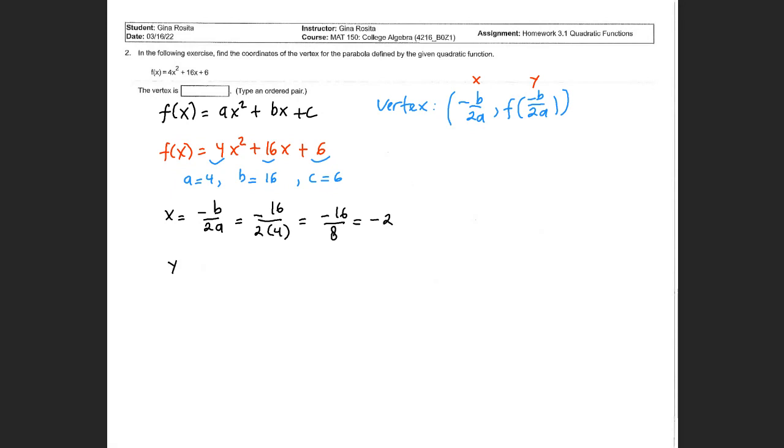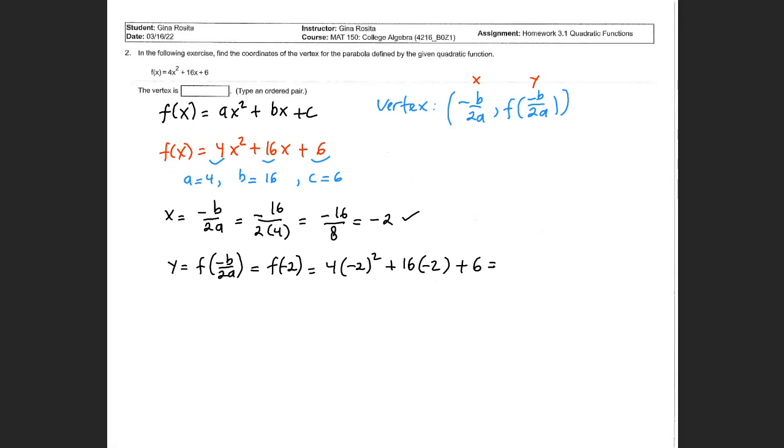Now y = f(-b/2a), right? We found the x here, so we just change and get f(-2). Now replace into the original function: 4 times (-2)^2 plus 16 times -2 plus 6.